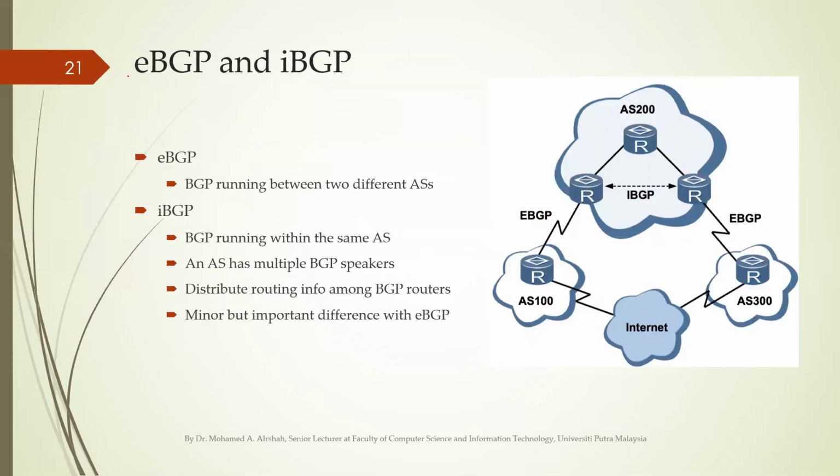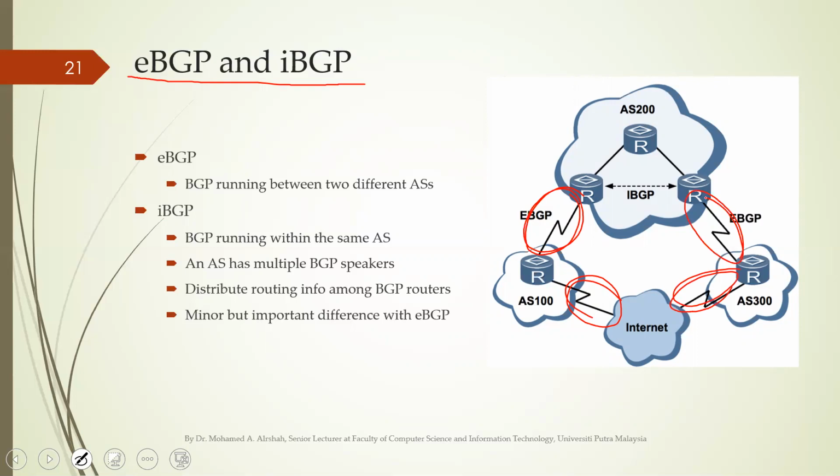Okay, now we come to the external BGP and the internal BGP. External BGP is the one used between multiple autonomous systems. This is what they call the exterior gateway protocol.